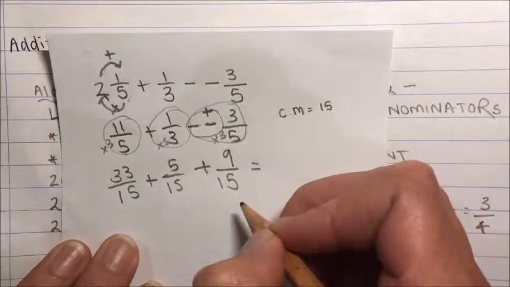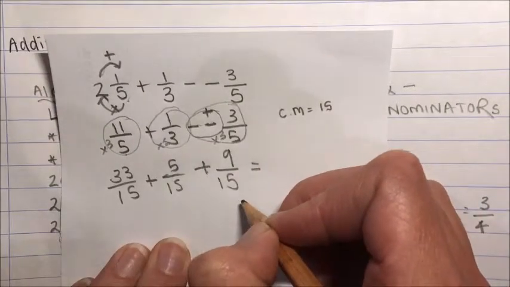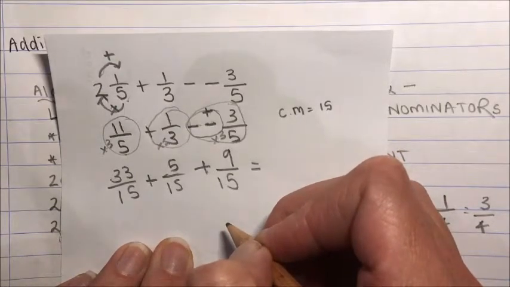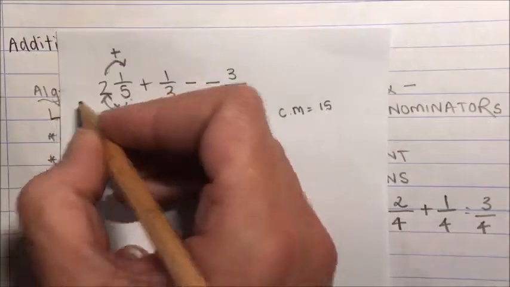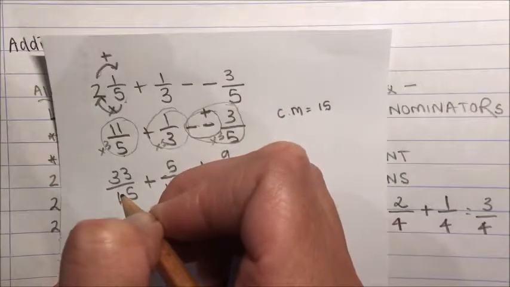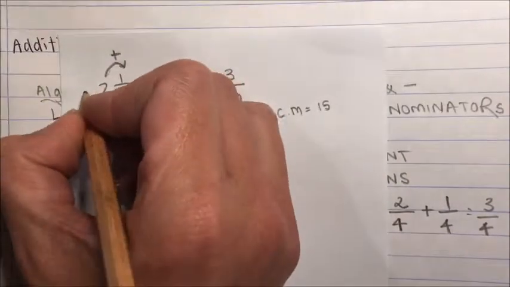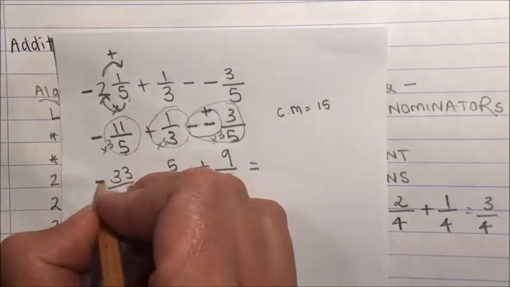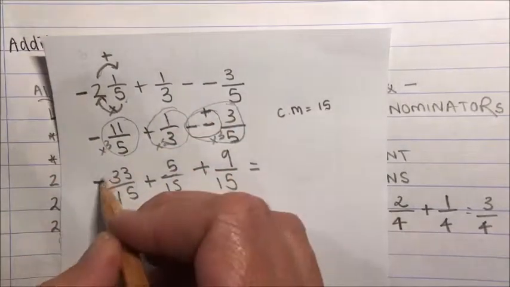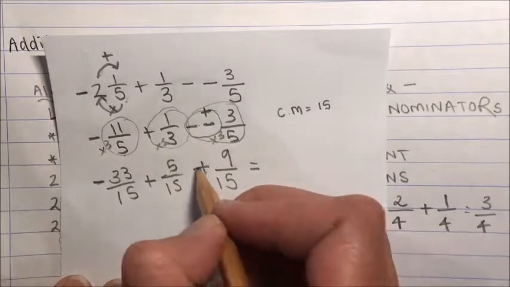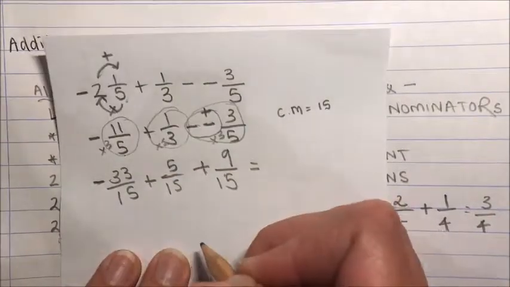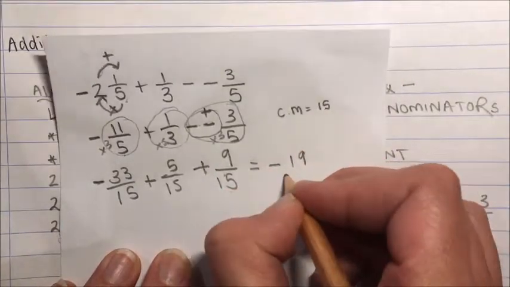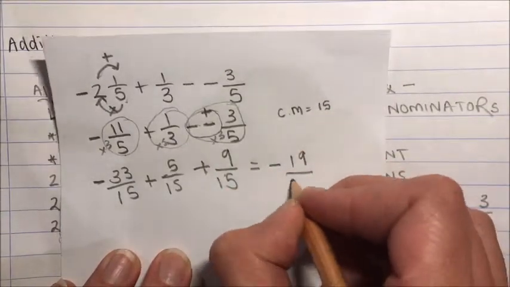So now I'm looking at 33 plus 5 plus 9. Oh, I wanted to make that a negative. I'll make this a negative too. Negative, negative, negative. Just to remind us, negative 33 plus 5 plus 9 comes to negative 19 over 15.